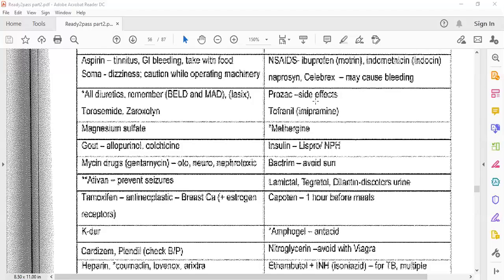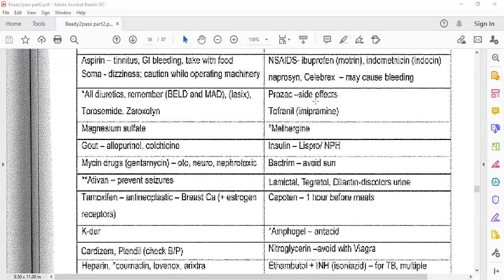Prozac basically is a psychiatric drug, and Prozac has some side effects. The side effects are that they cause sleep problems, meaning insomnia, or they cause headache, dizziness, drowsiness, vision change, or tremor.